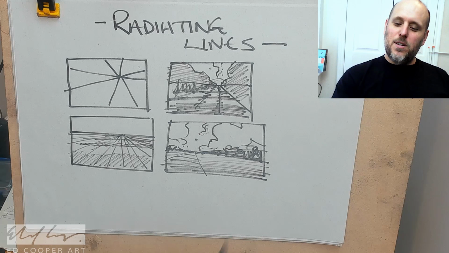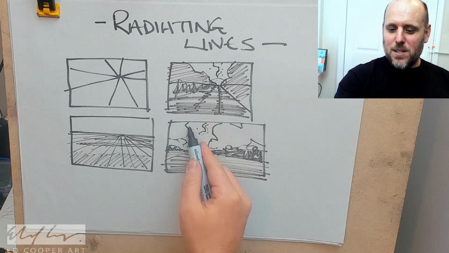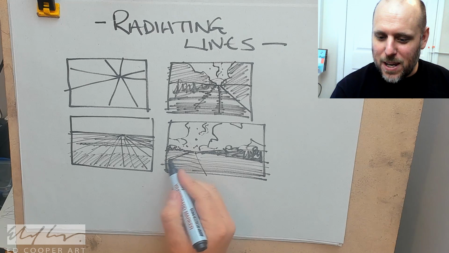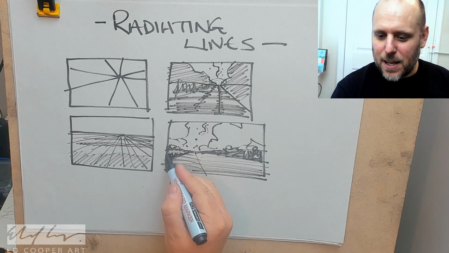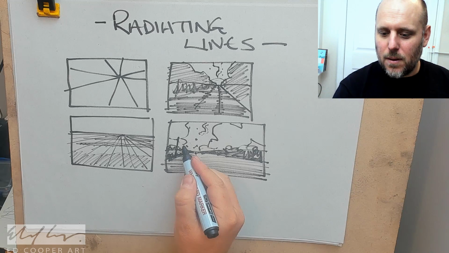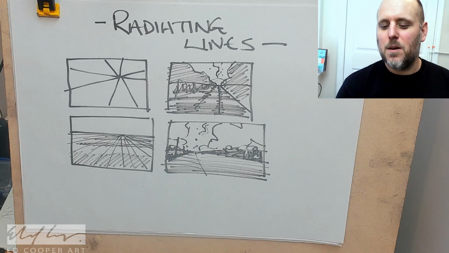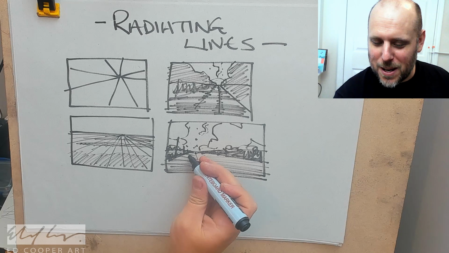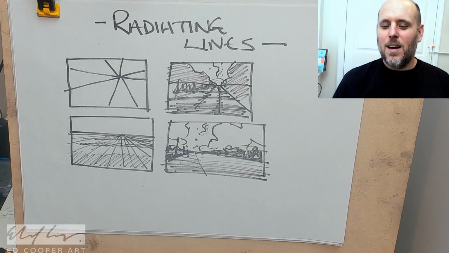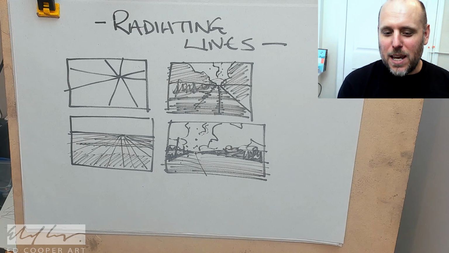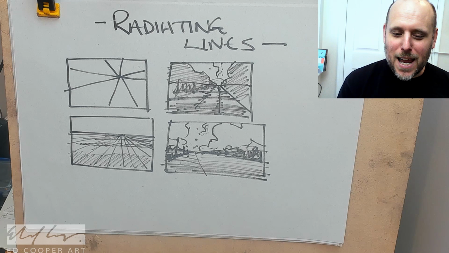I've tried to disguise it somewhat there, but that would also be radiating lines, okay? Maybe using a bit more perspective, a few more perspective clues there. So radiating lines, again, are even good for urban landscapes.